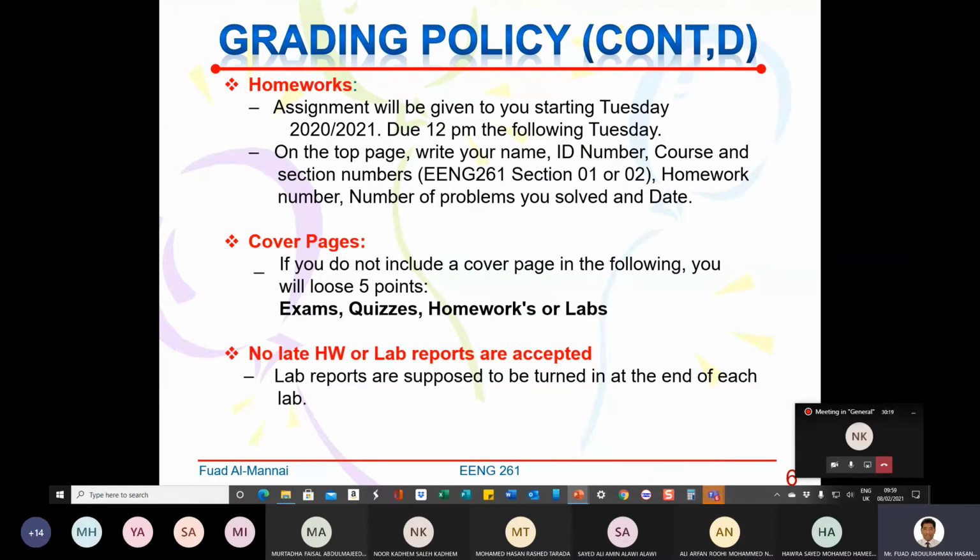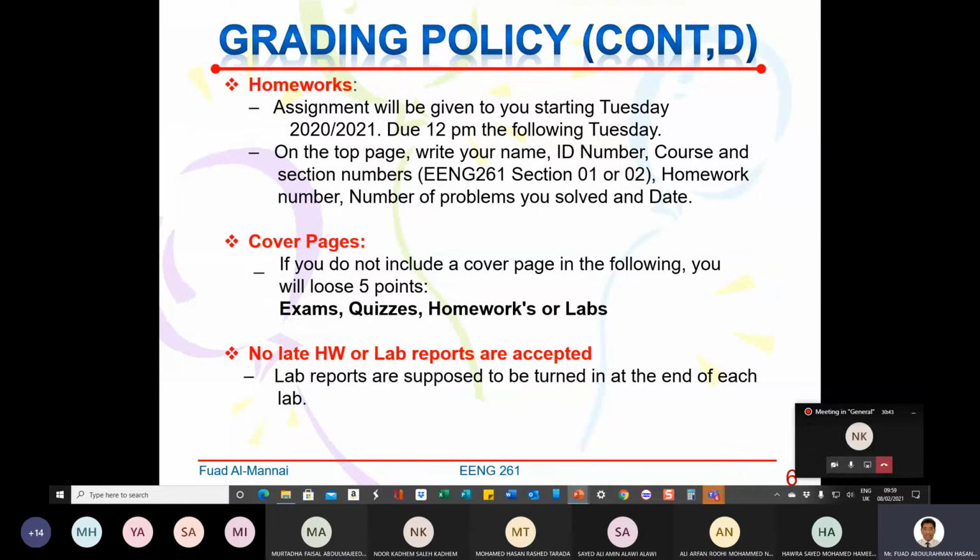Make sure that you have good internet. If you don't have good internet, you don't have a printer, you don't have anything, drop the class and take it some other time. We offer this course every semester, so be prepared, guys.